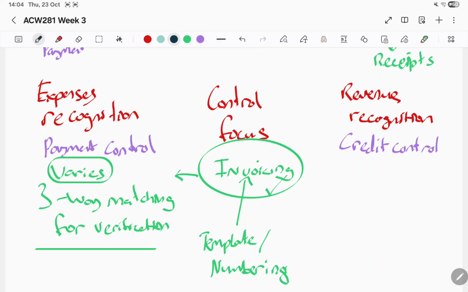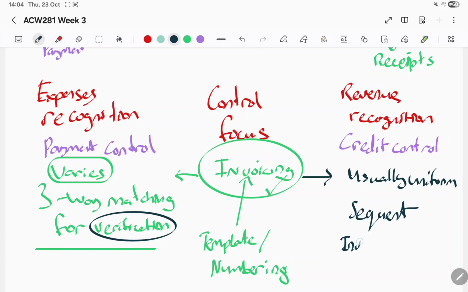Whereas in your case, in the order to cash process, the system usually is uniform, means it is standardized, and for you to verify or to ensure that you didn't mess up the invoice, what you can do is you can always check the sequence.